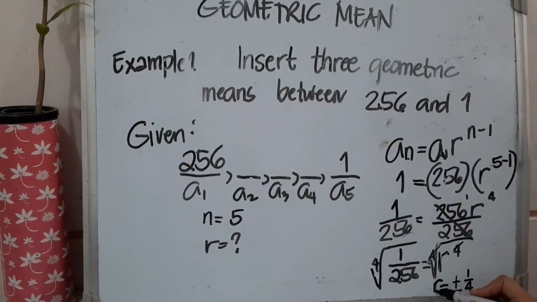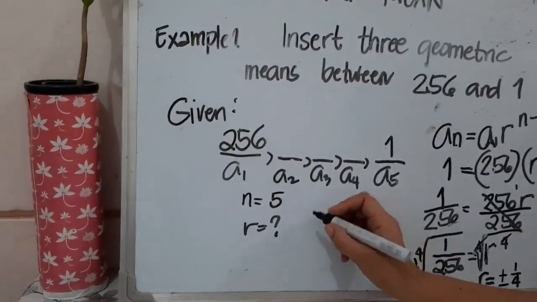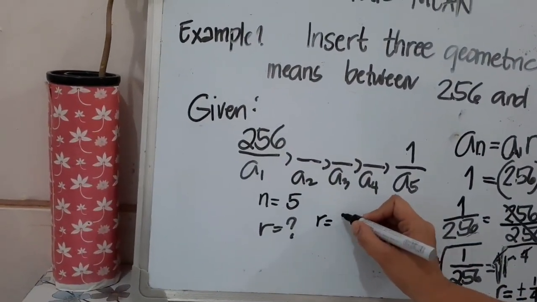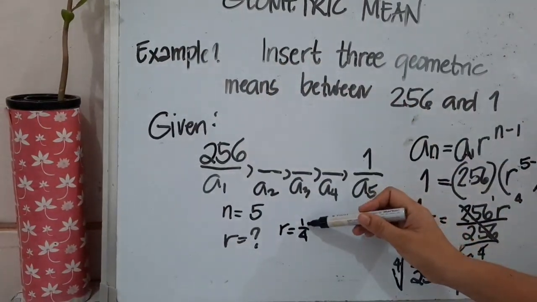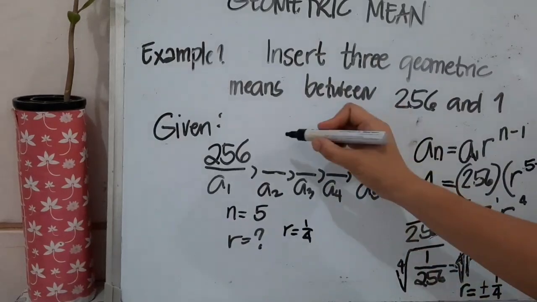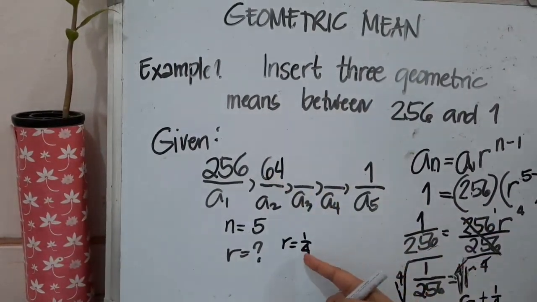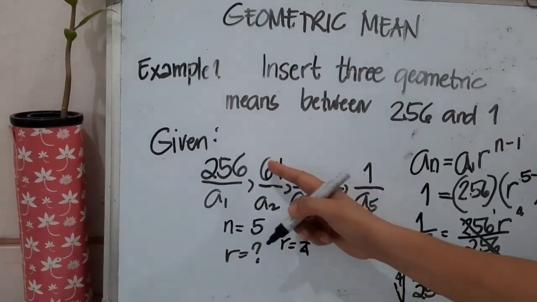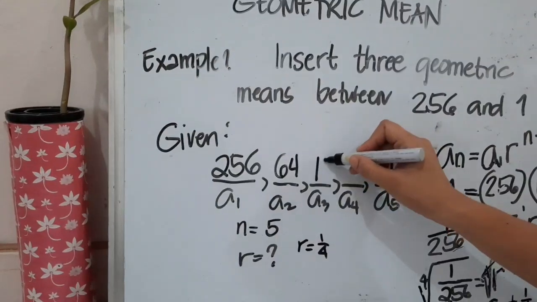We are going to multiply our common ratio by our first term. Since we have 2 ratios, we're going to utilize first the positive 1/4. 256 times 1 divided by 4, the answer is 64. The second term, multiply again by the common ratio. 64 times 1 divided by 4, we get 16.